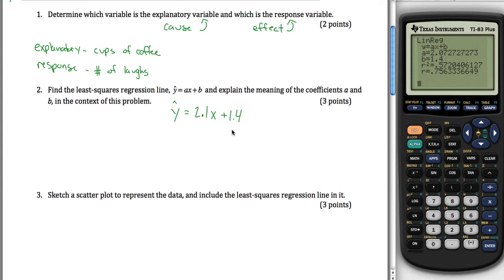Interpret these coefficients. Okay, this 1.4 is kind of saying if x were 0, if I drank no coffee, I'd still laugh. I'd expect to still laugh 1.4 times.